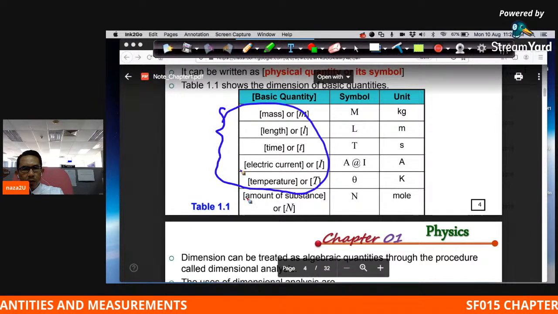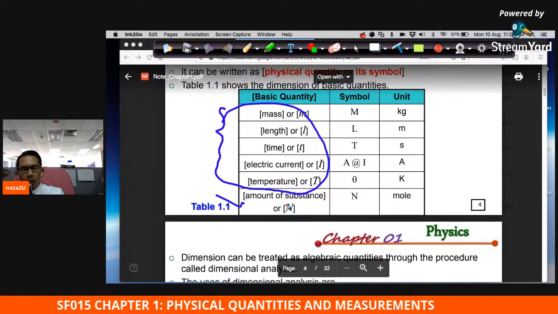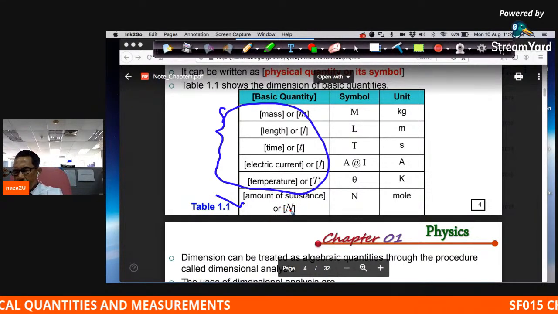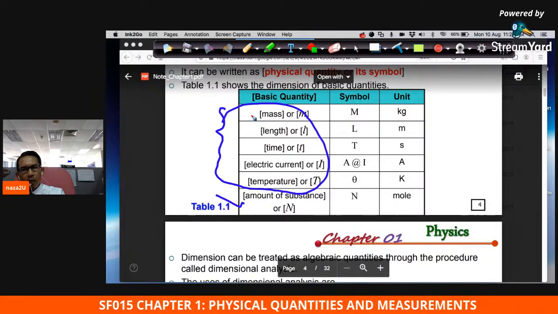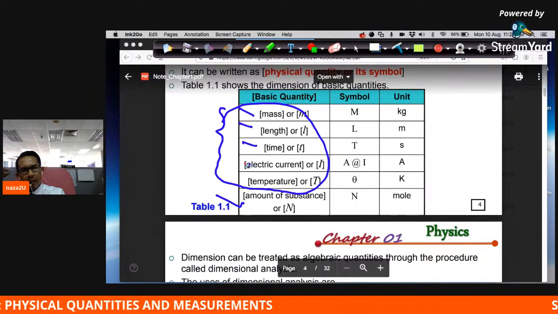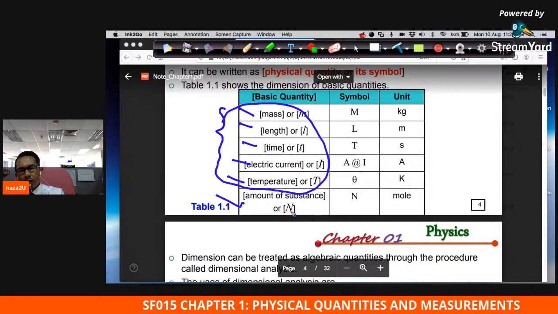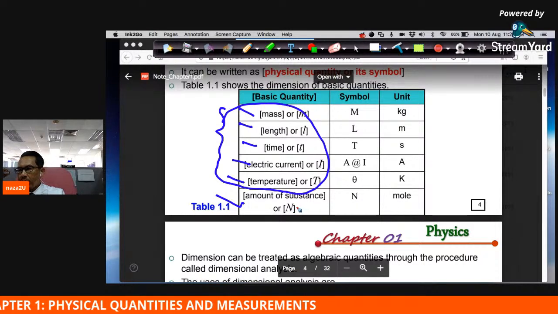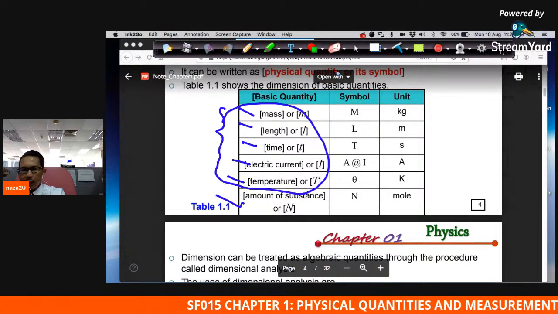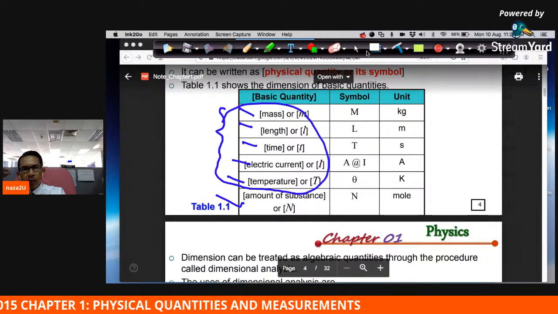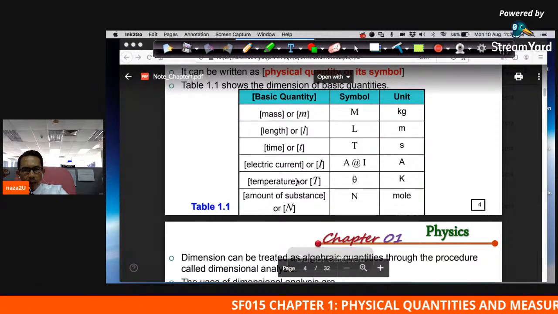Actually we have another two: amount of substance, yang ni banyak kamu bincang dalam chemistry kimia, and luminosity itu jarang kita guna. That's why saya hanya fokus kepada mass, length, time, electric current and temperature. Kandela untuk yang amount of light, itu melibatkan light, cahaya. Ya, betul apa yang dinyatakan tadi tentang luminosity tu. Okay, saya nak terus kepada yang the next.